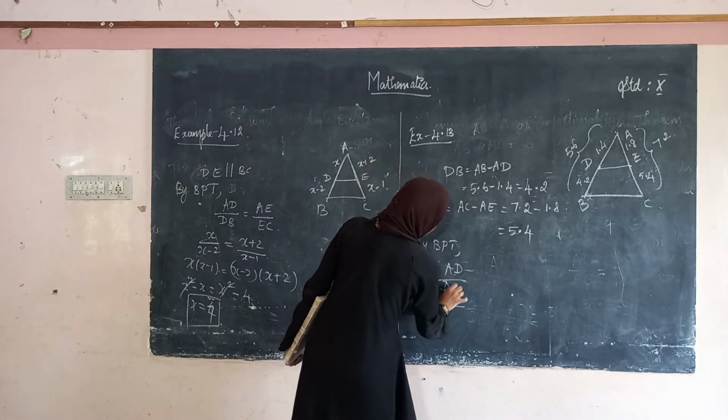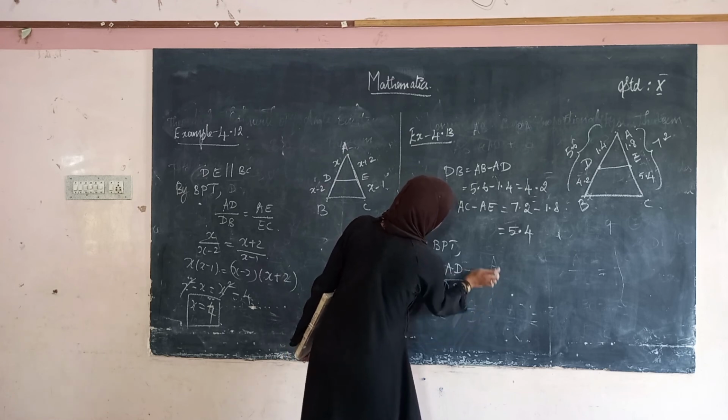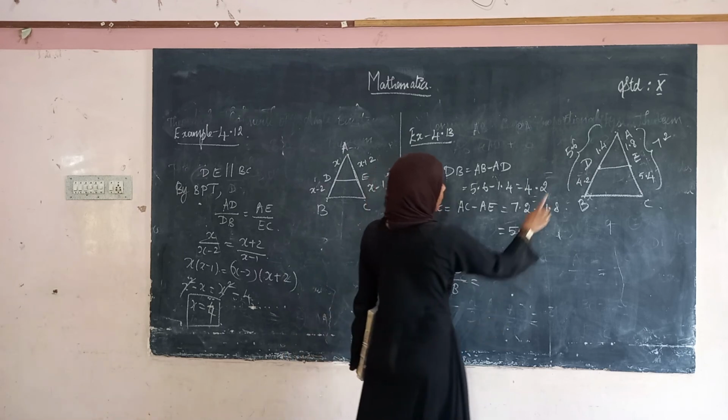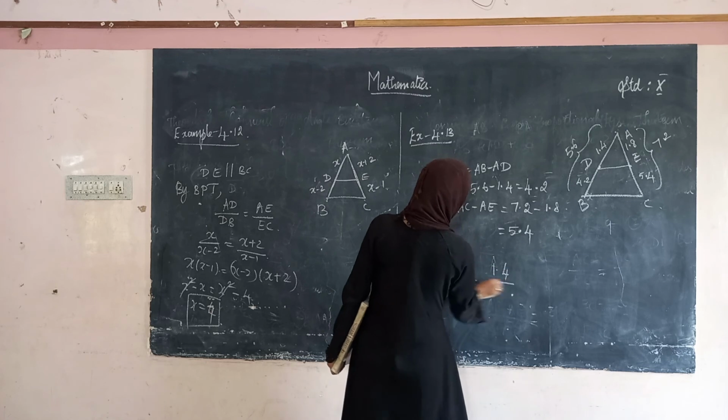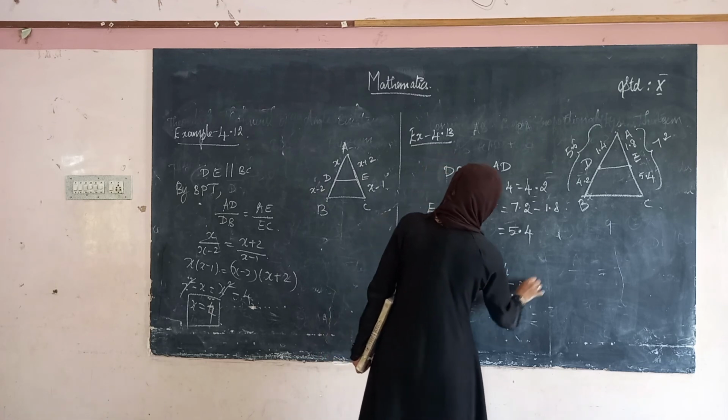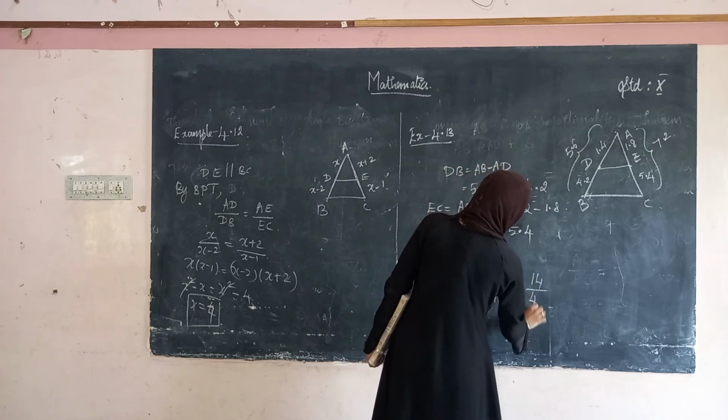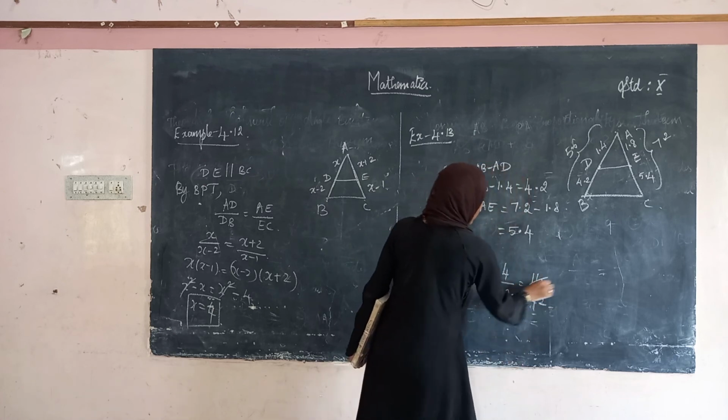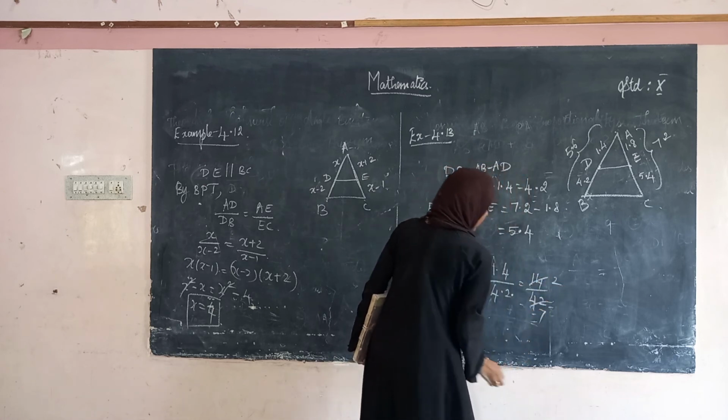AD divided by DB is 1.4 divided by 4.2, 14 divided by 42, 2 divided by 7, right?